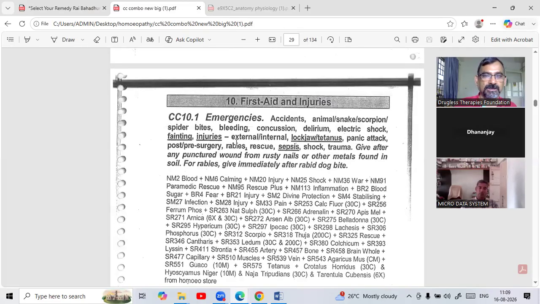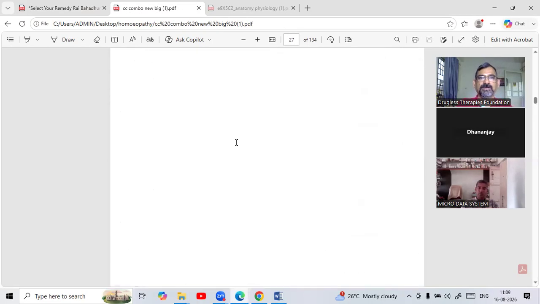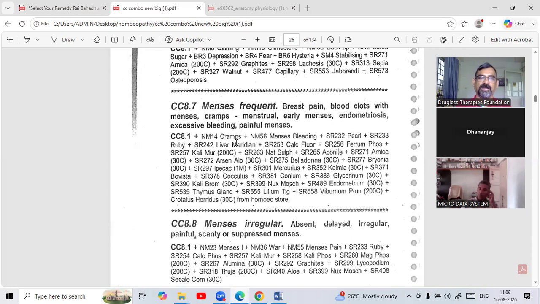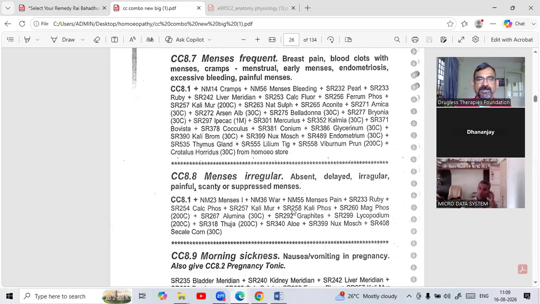This book is wonderful, you can think in this case what you can have. For example, irregular menstruation. Generally irregular means there will be some pain also. So you can think of NM23 and NM55 as a basic combination we can use.